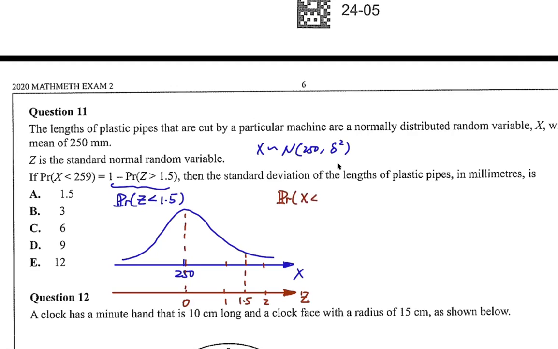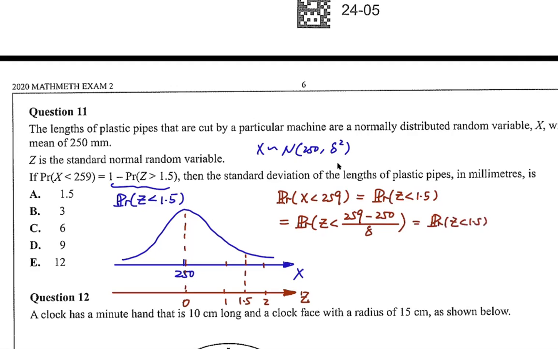Your probability X smaller than 259 is equal to probability Z smaller than 1.5. This can be re-expressed as Z smaller than 259 minus the actual mean value, divided by sigma. So it will still be Z smaller than 1.5.